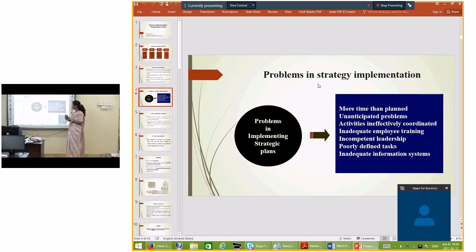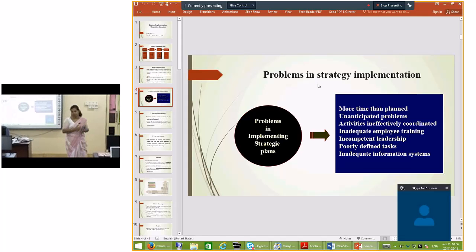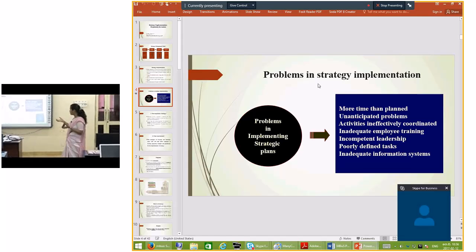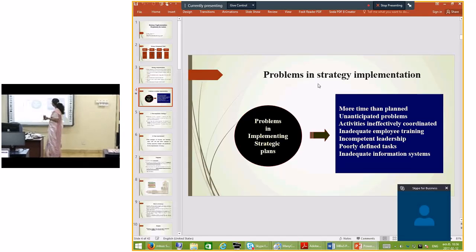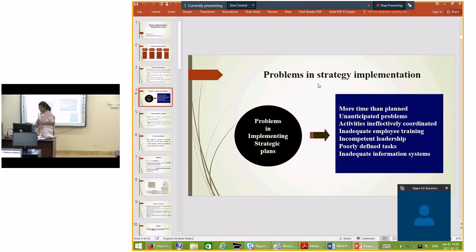Leadership is also paramount important once we go to the implementation level, because we have to get the work done by our employees. So once we implement a particular mission, we have to get it done by the employees of existing companies. Therefore, we have to make sure good leadership is there. These are some kinds of problems which might come with this implementation stage.